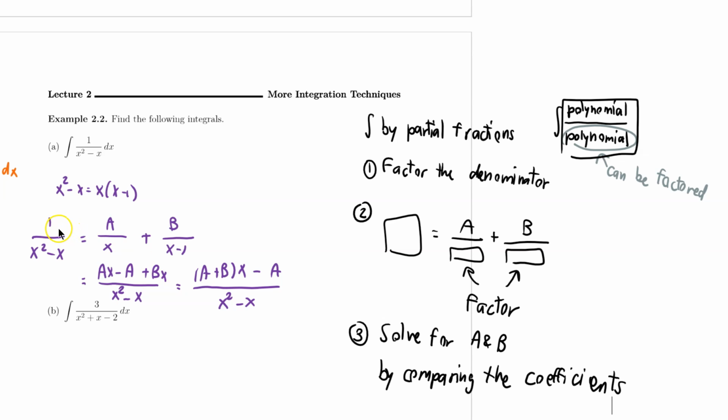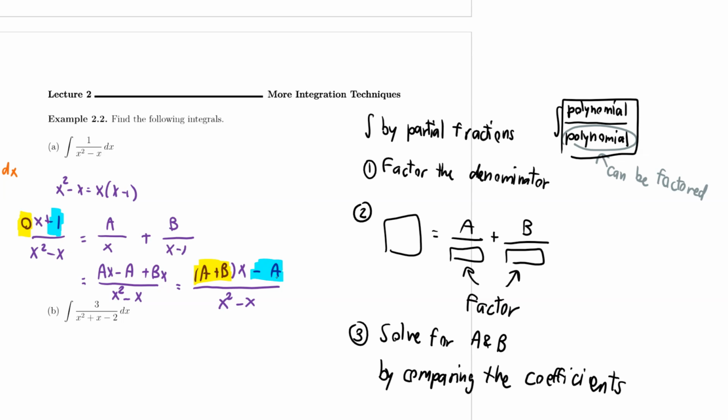But on the left hand side, I have just 1, so this is 0x plus 1. On my right hand side, I have A plus B times x, minus A. So the coefficients have to be equal. In other words, this 0 here has to equal A plus B, and this 1 here has to equal negative A.